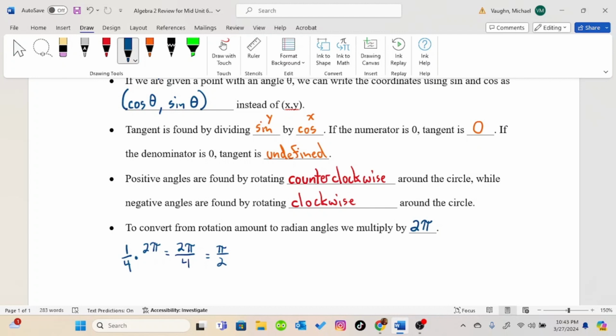So 1/4 of the way around a circle would be pi over 2. So if they give you the rotation amount around the circle, you're going to multiply by 2 pi to find the radian angle.